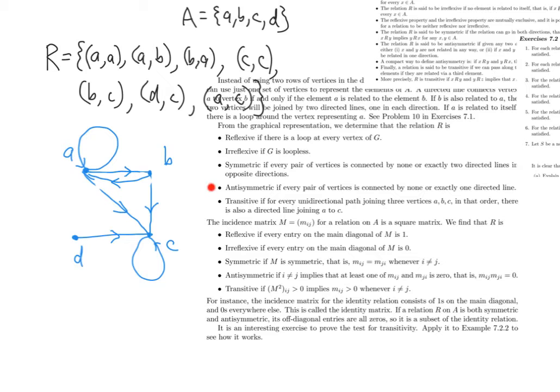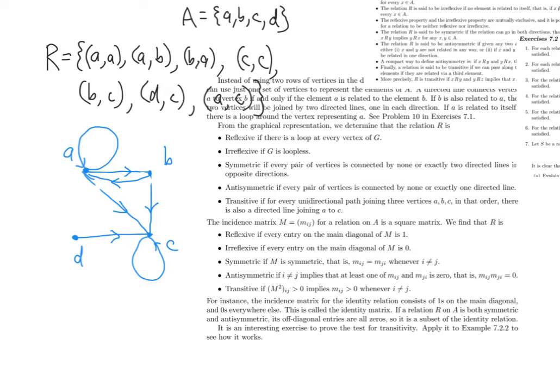And then antisymmetric if every pair of vertices is connected by none or by exactly one directed line. So because we have an edge, a way there and back between A and B, that's what prevents it from being antisymmetric. And then transitive, let's look at this one.